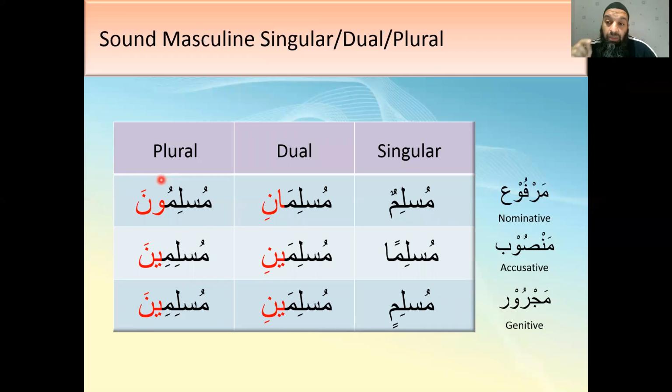فَبِأَيِّ آلَاءِ رَبِّكُمَا تُكَذِّبَانِ. How many favors of your Lord will you two deny? That's what the verse is saying. You don't get this in the English translation, but the dual is there. تُكَذِّبُونَ is you all deny. تُكَذِّبَانِ, you two deny. So who is it talking about?